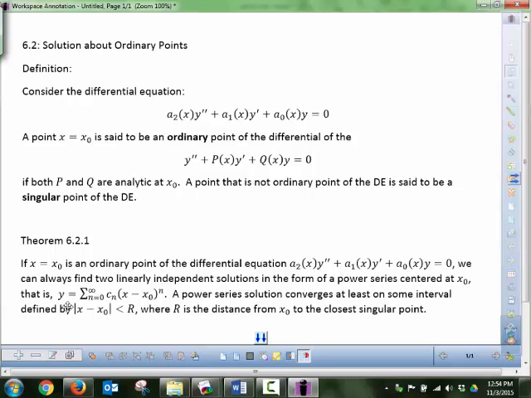That is, we'll get y equal to a power series solution that converges in some interval defined by the absolute value of x minus x naught less than r, and r is the distance from x sub 0 to the closest singular point.